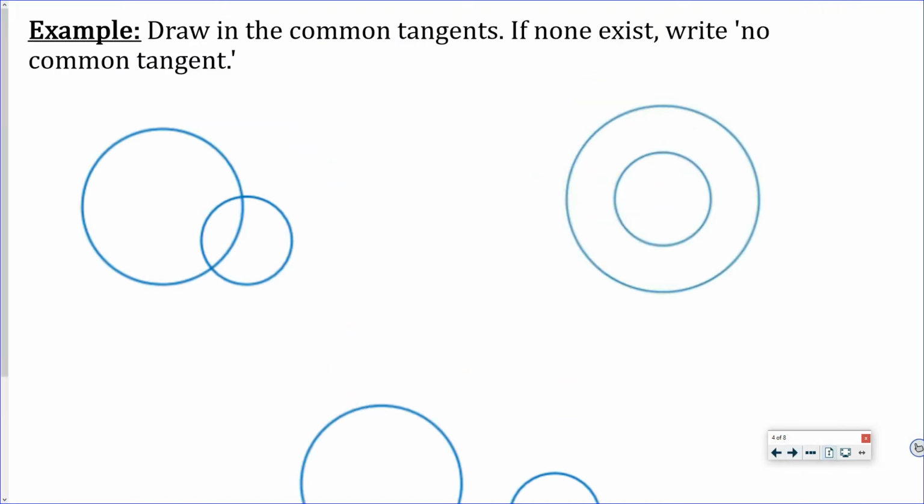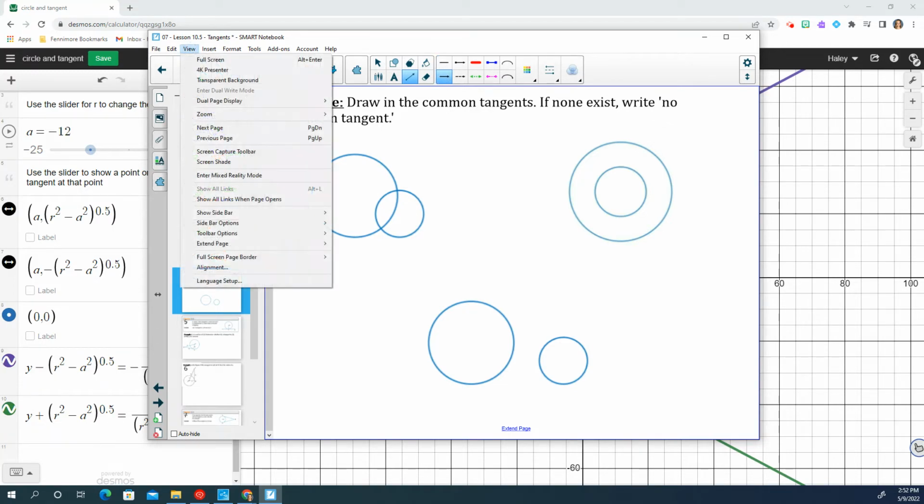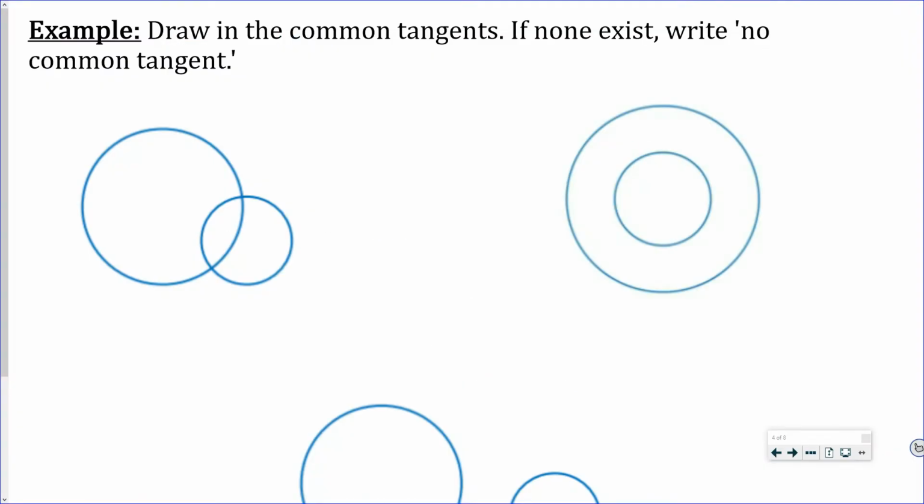All right, here it says, draw in the common tangents. If none exist, write no common tangents. These are kind of fun. You basically take your straight edge, and you're trying to figure out how many lines you could draw that intersect each circle exactly once. So just like the last example, I could do something like this that lies above it, and it's intersecting here once, here once.